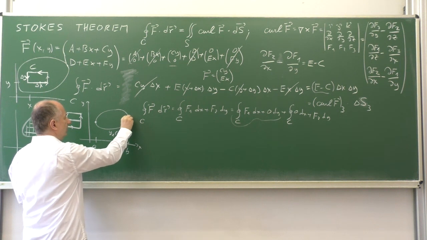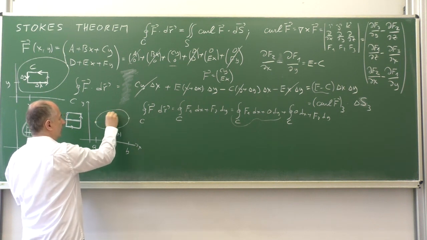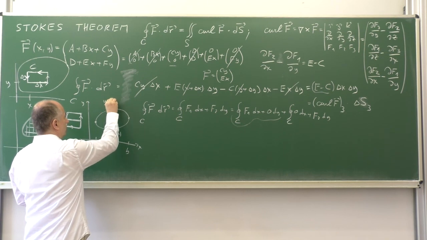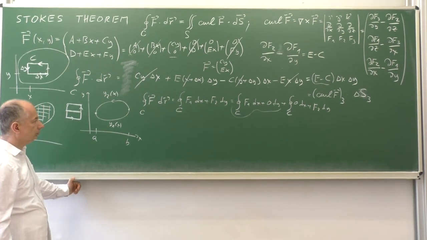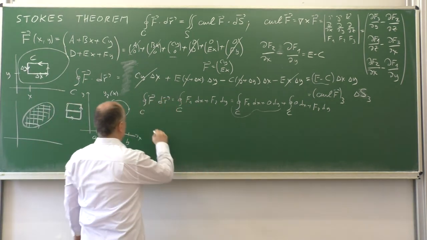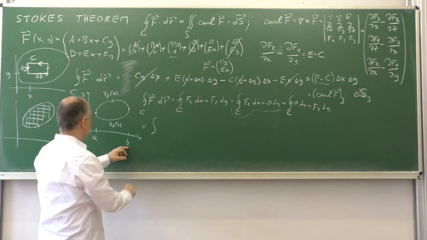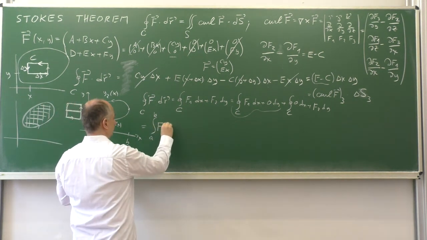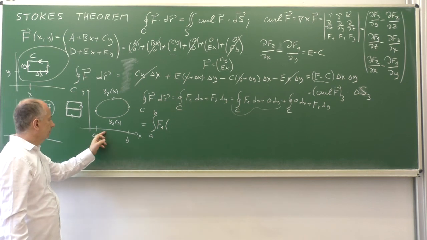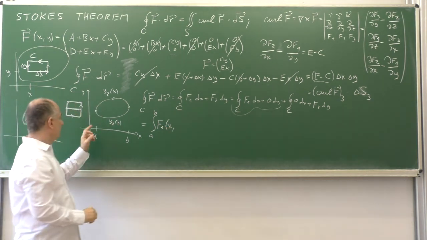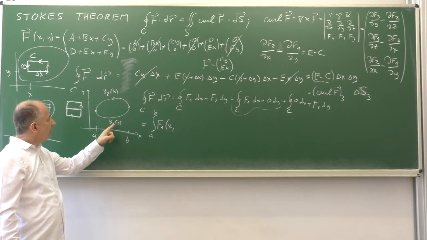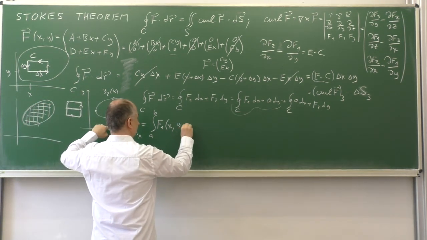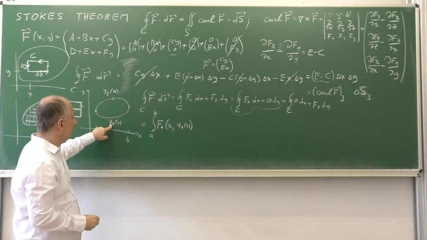And then we go from this rightmost point to the leftmost point along this curve, and let's consider this curve as a graph of a function y2 of x. So the first integral is the integral from A to B of f1 evaluated at some x that goes from A to B, and at some y, which is given by this lower part by the function y1, dx.